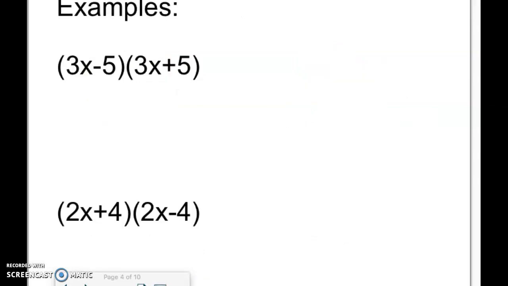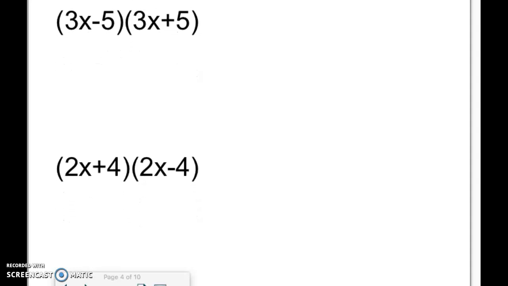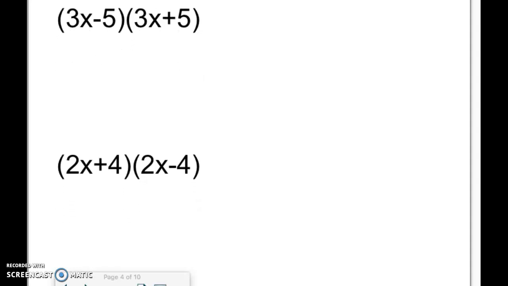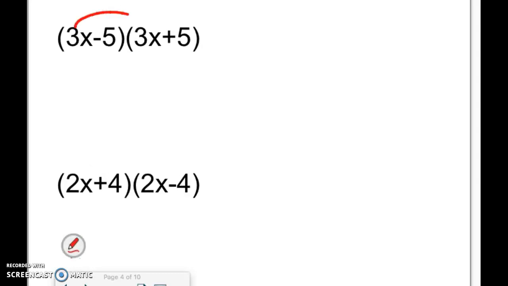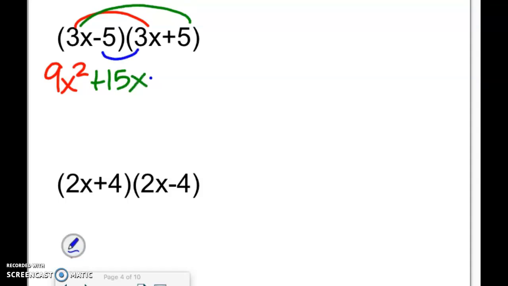So let's look at a few examples and maybe try them, all right? I'd like you to try these on your own, so pause and see if you can get the correct answer. Or maybe even develop some shortcuts where you can skip a line of work or so, that's fine too. I'm going to go through everything meticulously. So 9x squared, that's my first. My outside is 15x. My inside is subtract 15x.